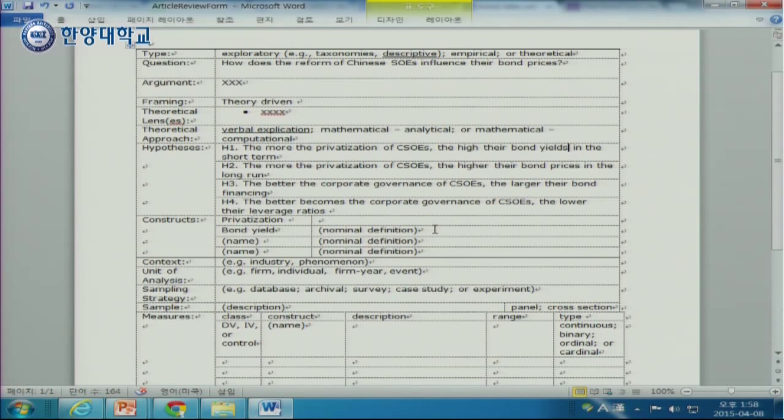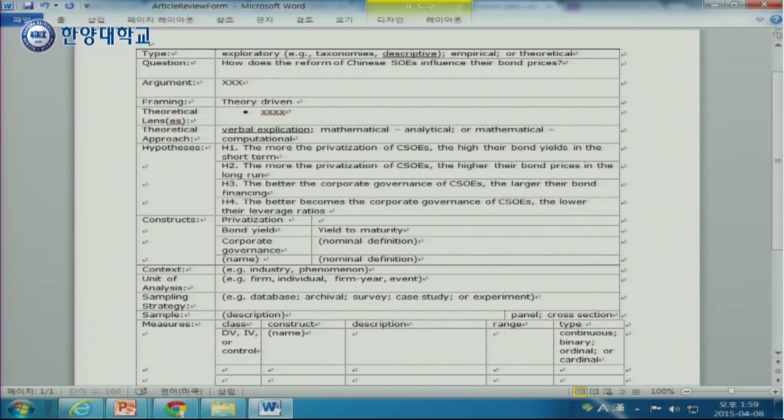And for bond yield, you say it is maybe yield to maturity, not current yield, something like that. And then you want to define corporate governance. There are a lot of dimensions in corporate governance, so actually, this is not a good one. In corporate governance, you have to pick one variable and define it.